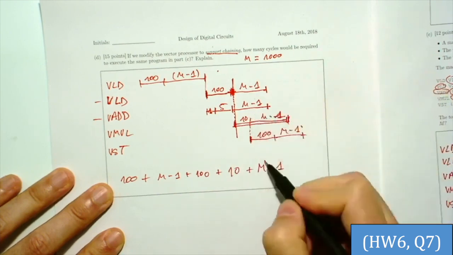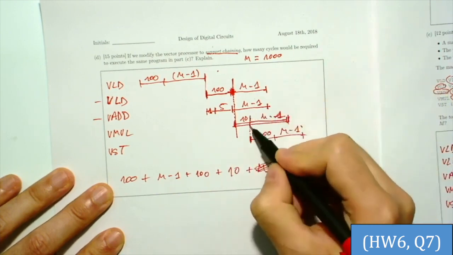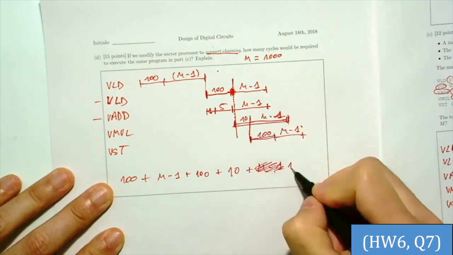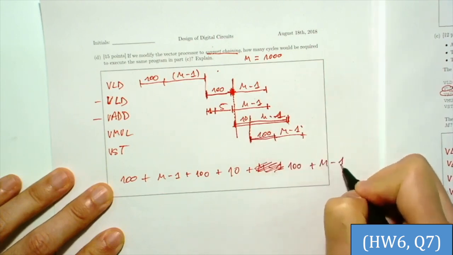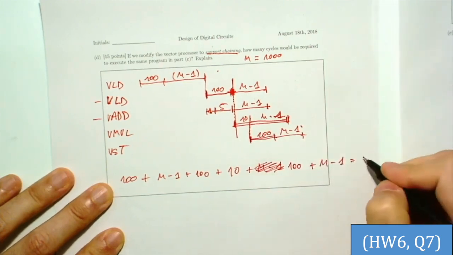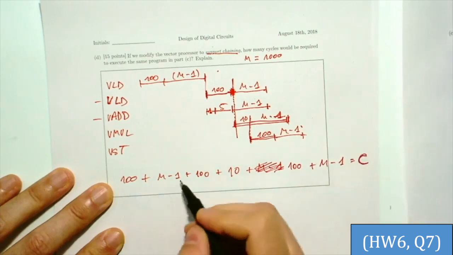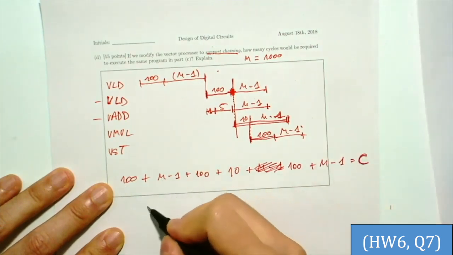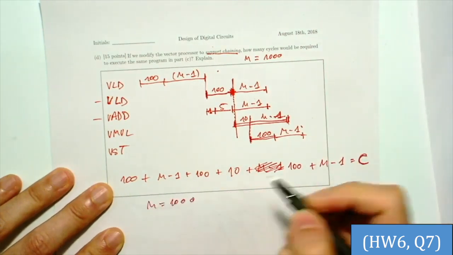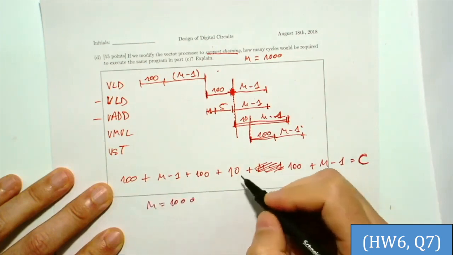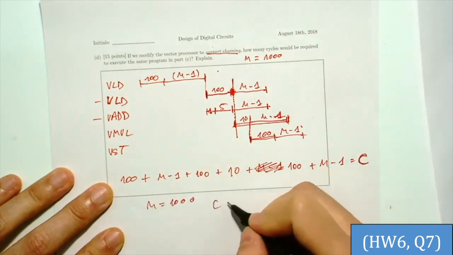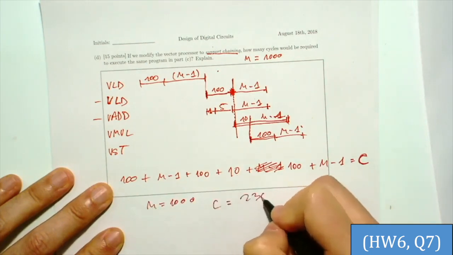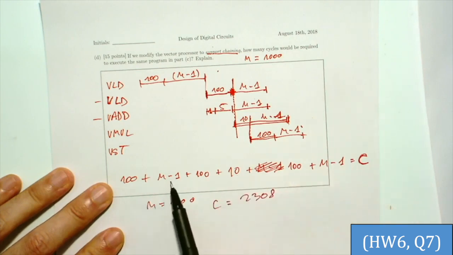Oh, no, sorry. Plus 10 plus 100 plus n minus 1 equal to the number of cycles. And if we substitute n for 1,000, the result should be this.